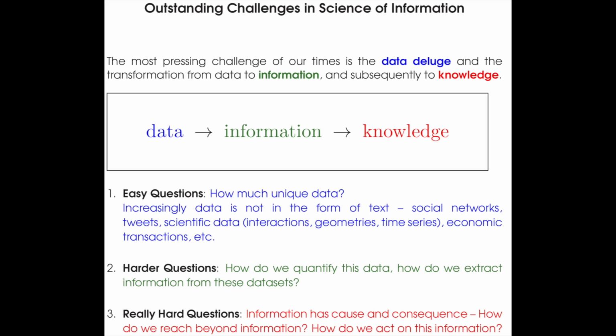A harder question is, once I know what the data is, how to even compress it, how to extract information from it, how we can do it in a universal way without actually knowing the underlying distribution. The hardest question is about knowledge, because we know that information starts somewhere, has causes and consequences.